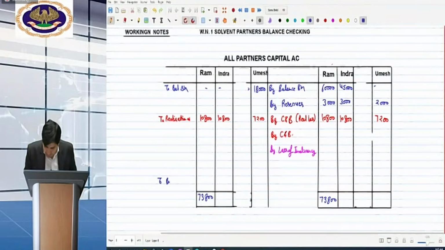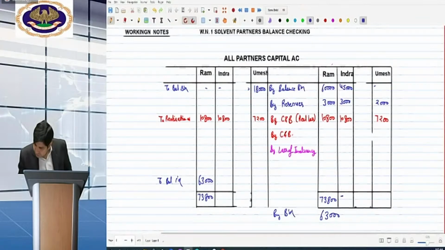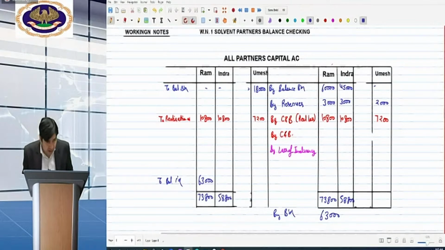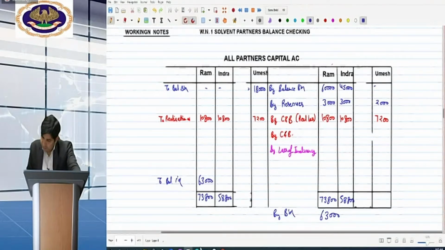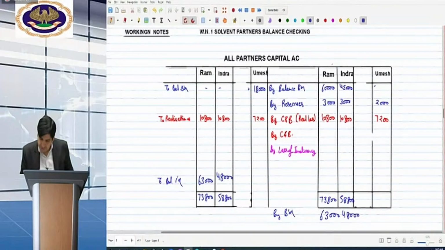To balance carried down, that is of course 63,000. I know we can do a shortcut, but beta, I don't want anything which can create confusion. How has the balance to be checked? 58,800, 58,800, and 48,000. 48,000. Both of them are having credit balance.